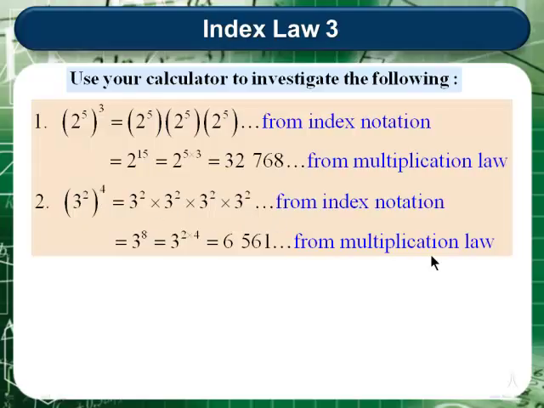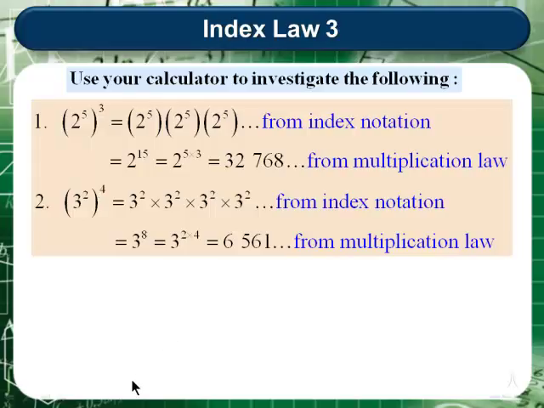And then again, using the multiplication index law, it states that if the bases are the same, you can add the indices. Of course, we add them 2 at a time. Alright, so you get 2 plus 2 plus 2 plus 2, or 2 added to itself 4 times. So it's 3 to the power 8, or 2 times 4. So it seems that we need to multiply these two.